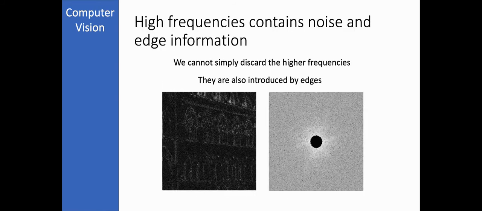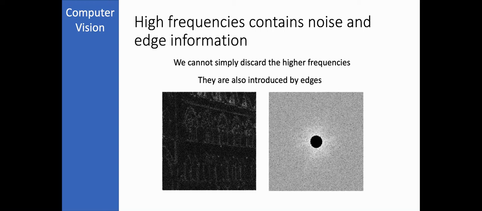Now, if I actually look at what I cut out, if I instead cut out the central part of the Fourier transform and simply reconstruct with what's left, I see the contribution of noise. I can see the noise pattern remaining for sure. But importantly, I see the edges of the image that were missing in the previous case.